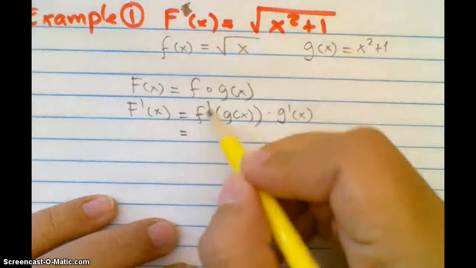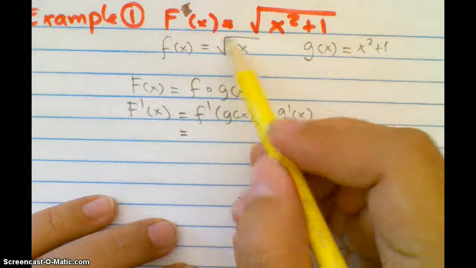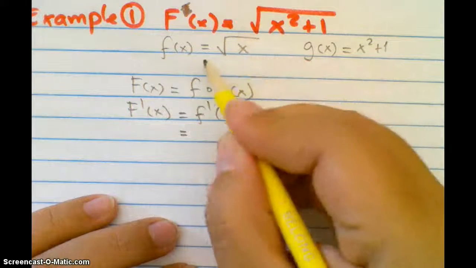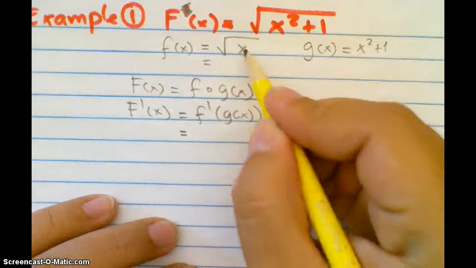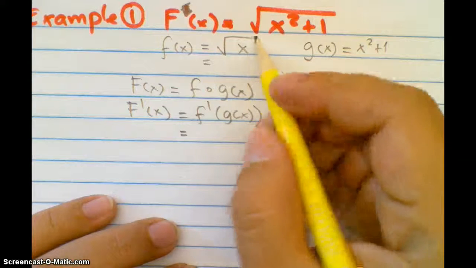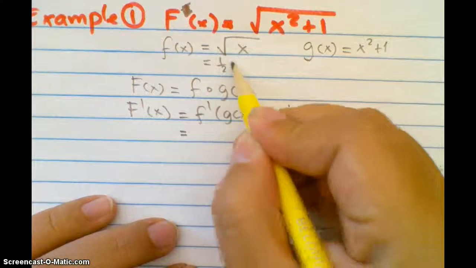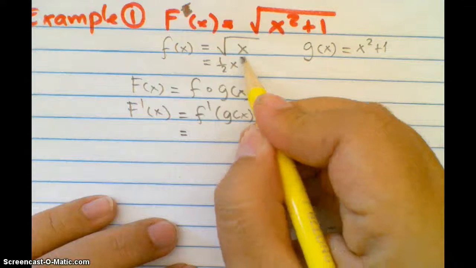So what is the derivative of f if f is simply the square root of x? Let's remember the power rule. This would be x to the 1/2, so the derivative will be 1/2 of x to the negative 1/2.